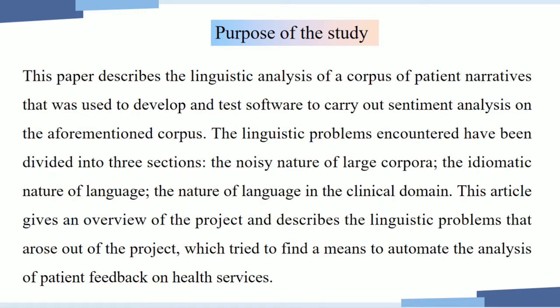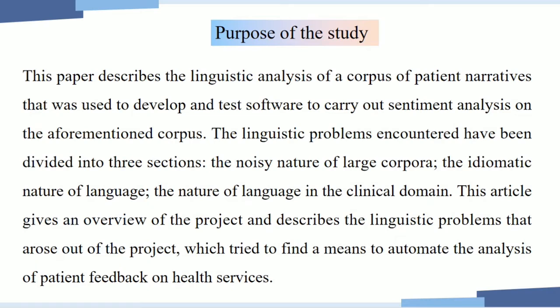Firstly, the introduction part, the purpose of the study. The corpus of this paper is patient narratives. My understanding is that if patients go to the hospital, they will write something like feedback or self-narratives and give this to the hospital.